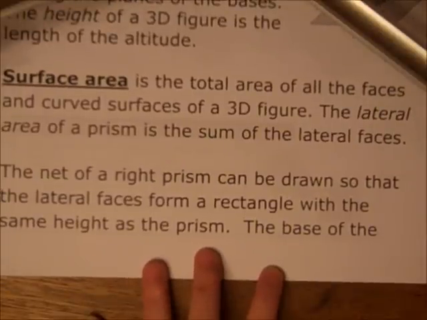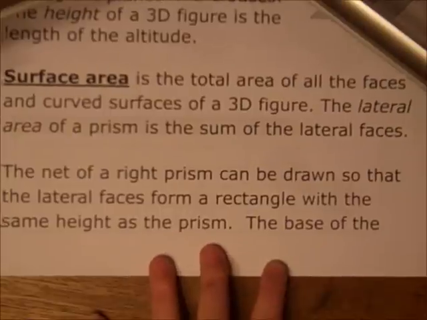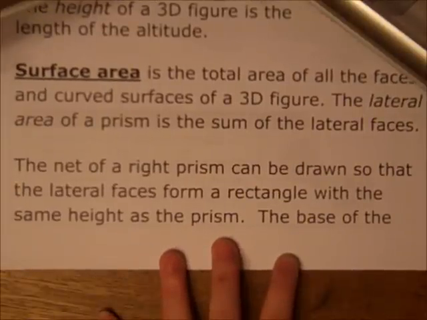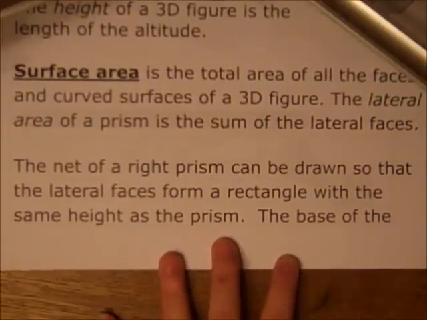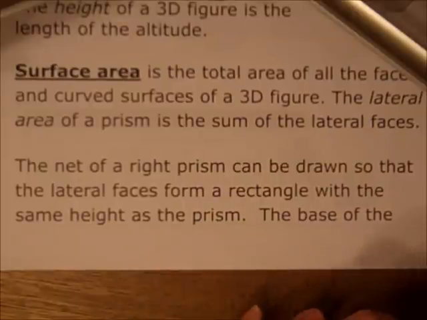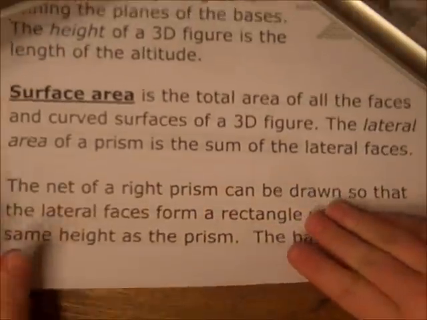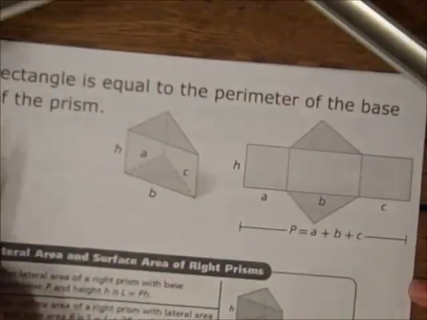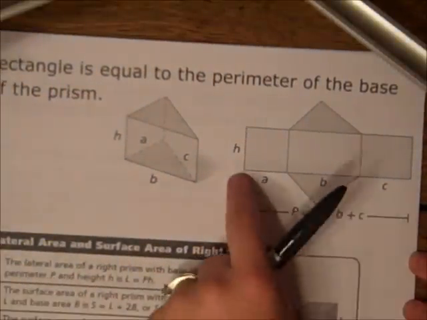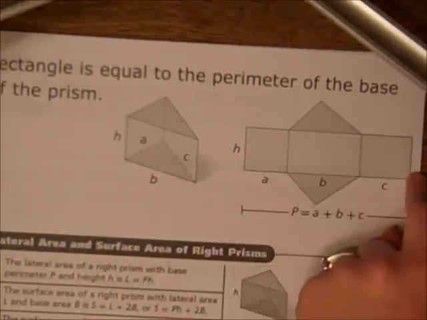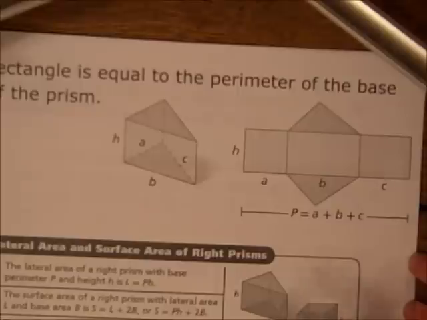The net of a right prism can be drawn so that the lateral faces form a rectangle with the same height as the prism. So we saw this with cylinder, and we saw this with all of our prisms when we did nets a couple of days ago. So here I have a triangular prism, and I can draw the net to where I have rectangles around the middle and my two bases on each side.